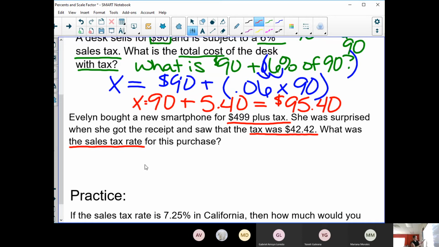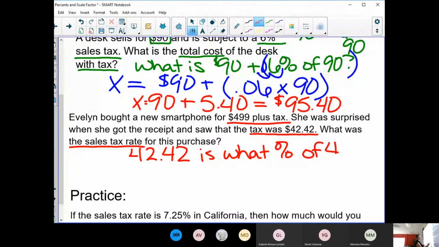So $499 is the whole. 42.42 is the amount after the tax percent. So we would say $42.42 is what percent of 499? Okay, so we're trying to figure out 42.42 is what percent of 499.